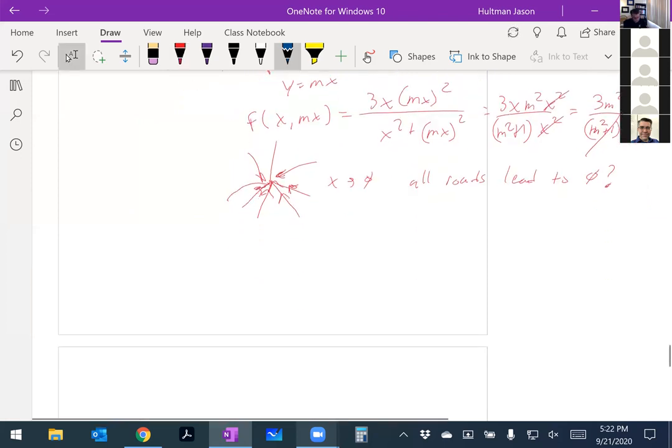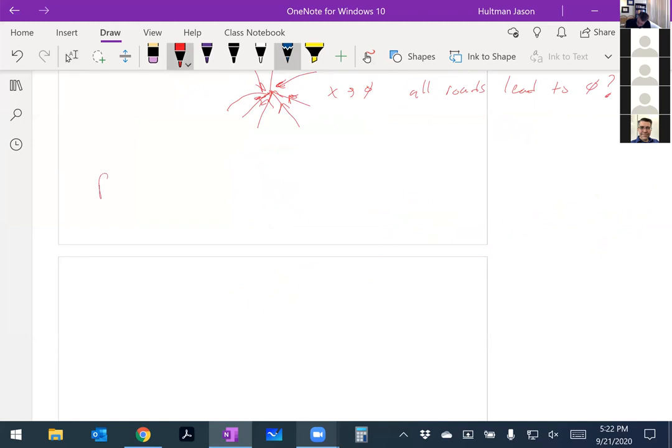So we would have to do a proof. Let's do a proof here. Proofs are fun. Prove what? Prove that the limit as x, y approaches, is it a, b or is it 0, 0?